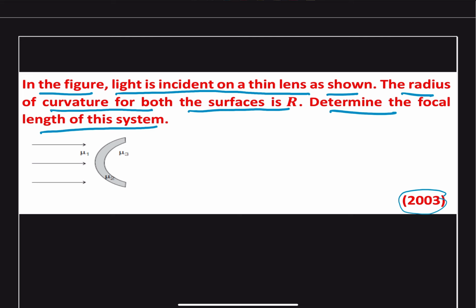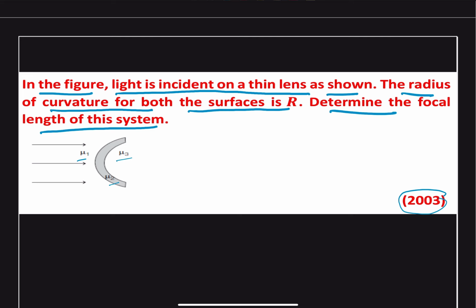First medium is given to us as mu1, and the medium which is basically a thin lens is given as mu2, and then we have a medium which is given as mu3, and we have to find out the focal length of the system.